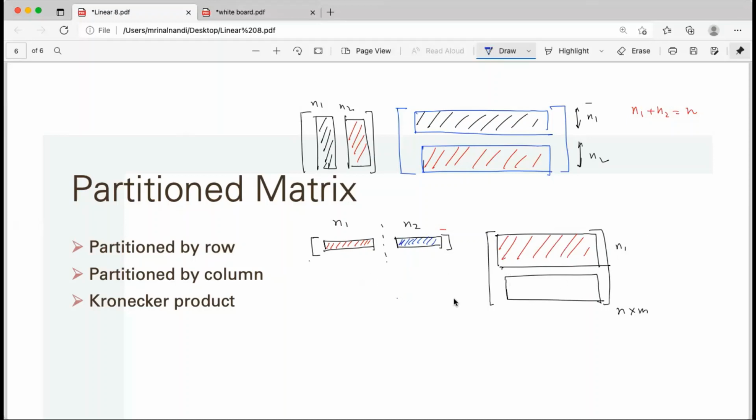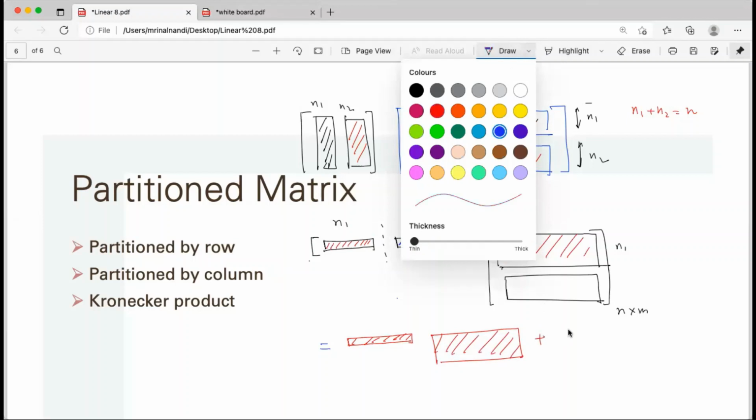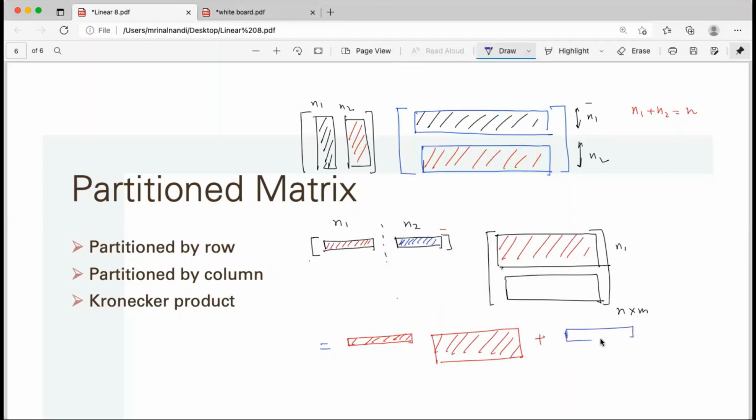That means this matrix multiplication is nothing but this red block with this upper block of this matrix, plus a blue block of the pre-matrix with this blue block.